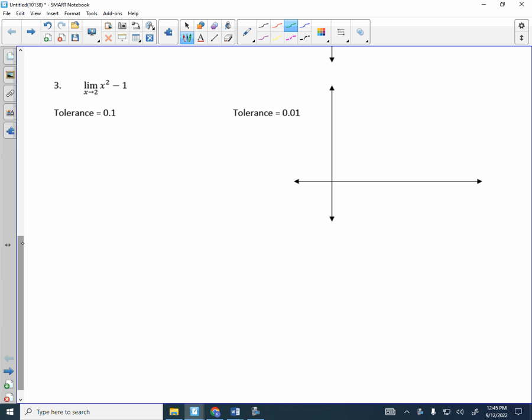And so who could tell me what the function is? What's the function? Yeah, f of x is equal to x squared minus 1. Everybody good? What does that look like? Parabola shifted down 1. Okay, so we'll go down 1.